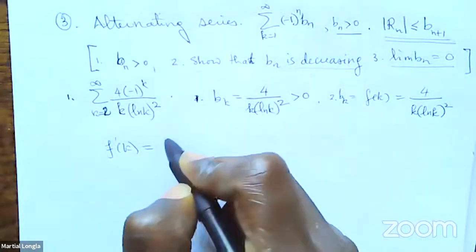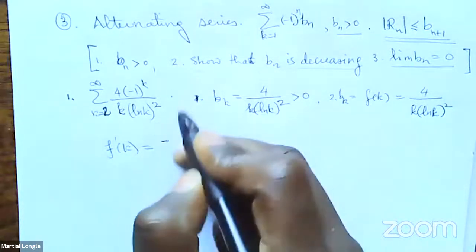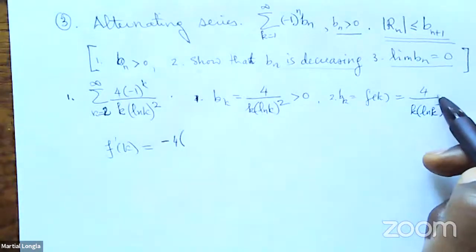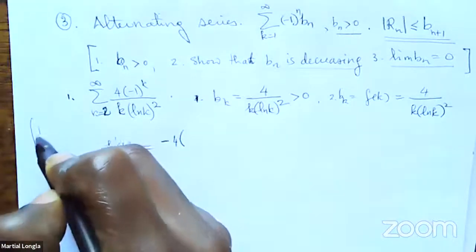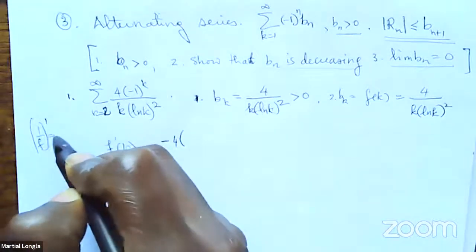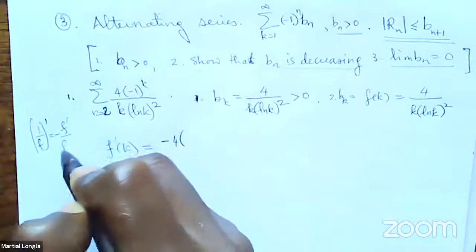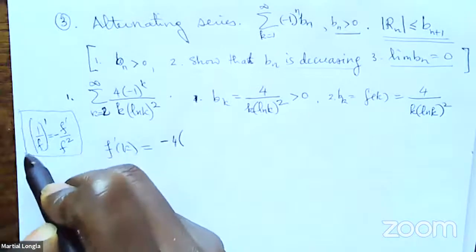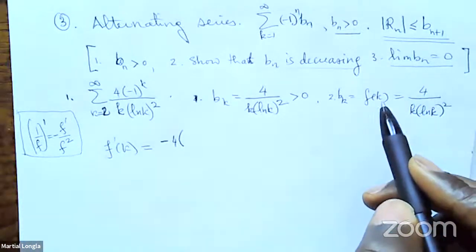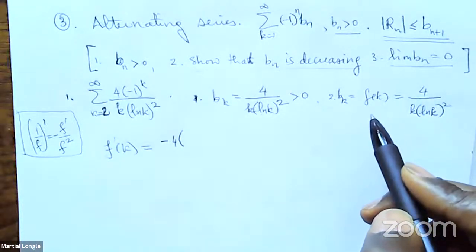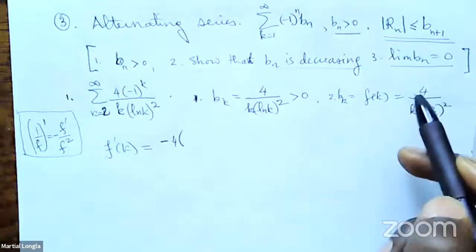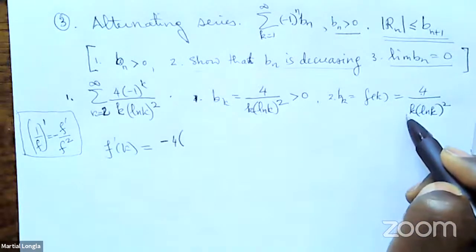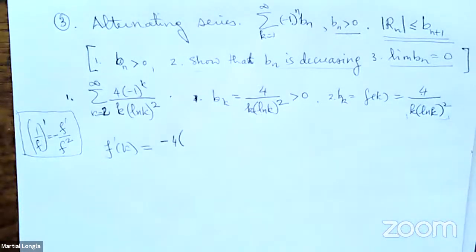So this is -4 times, and I'm taking this derivative as the derivative of 1 over f, which is negative f prime over f squared. That's a formula that you use in Calc 2. So the derivative of 1 over f is negative f prime over f squared. So I just keep that 4 out, negative, and then I take the derivative of k (natural log of k) squared.